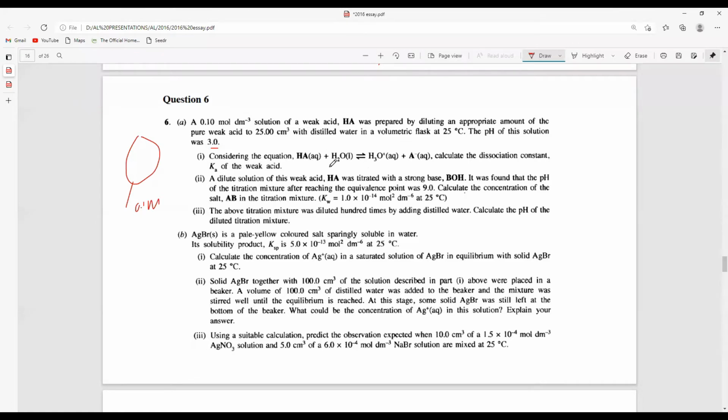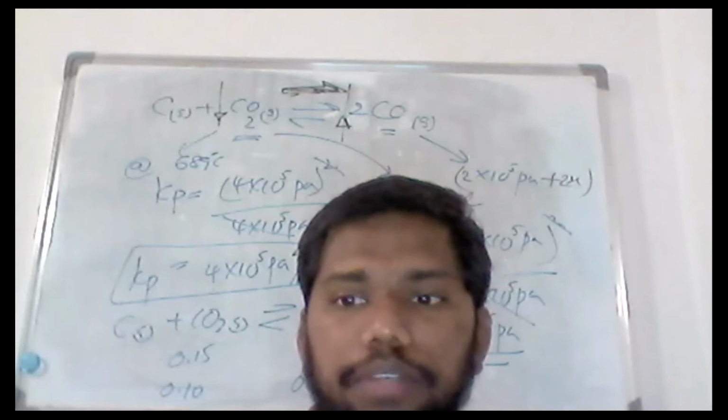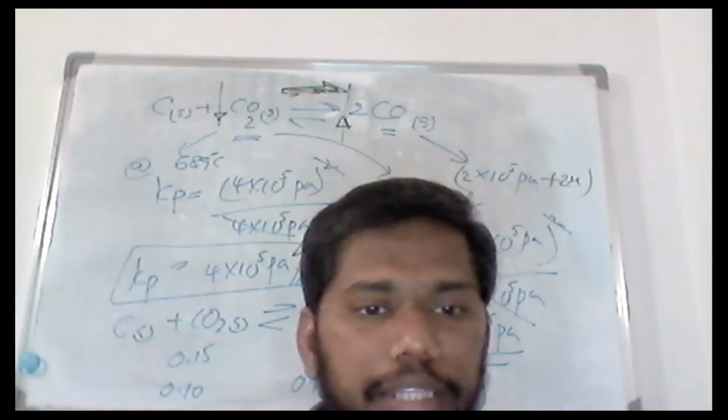Consider the dissociation of the acid in water and calculate the dissociation constant Ka. These are just very simple theory questions, so I will use the board to explain this, okay?